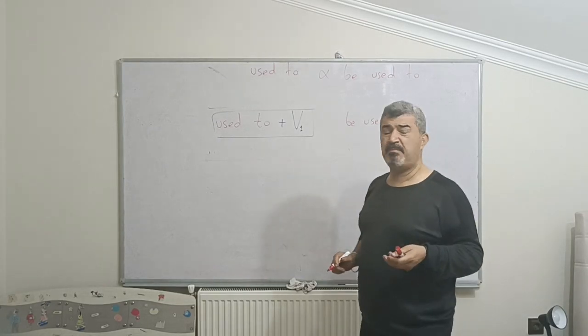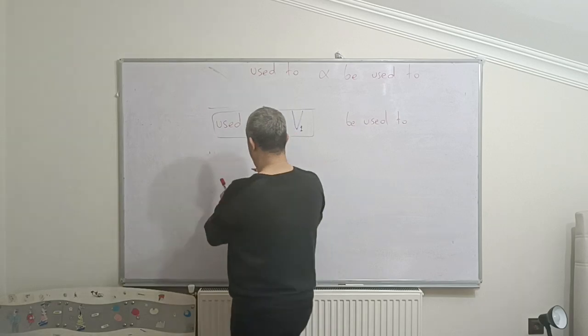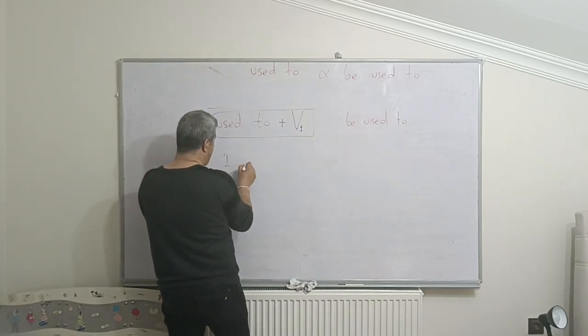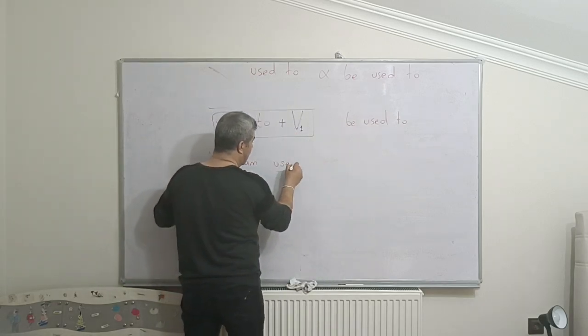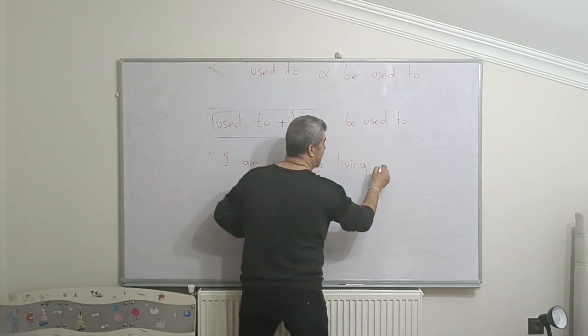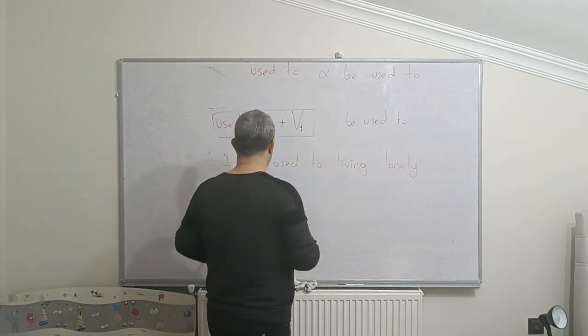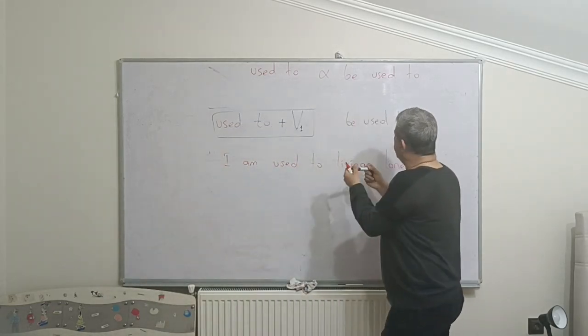What is that? Let me write an example with "be used to" and let's talk about it. I am used to living lonely. I am used to. What does "be" mean?